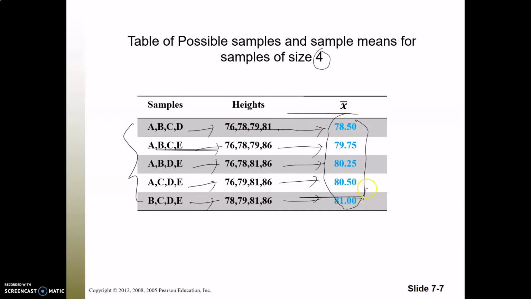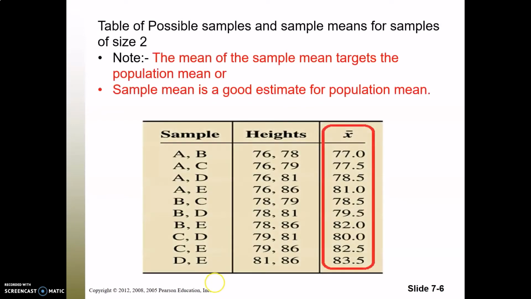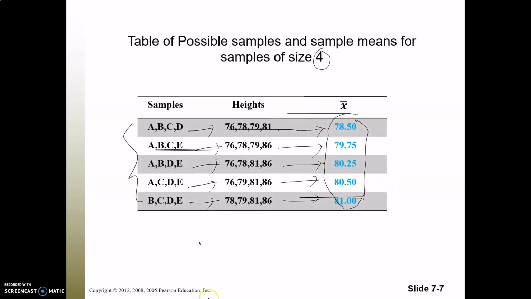I ask you to pause this video and find the mean of these values also. Add all these values and divide by the total number of observations, and see what answer you come up with. You will be surprised to note that the answer comes out to be 80.